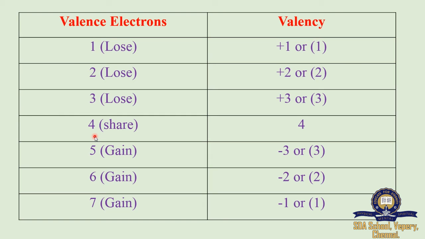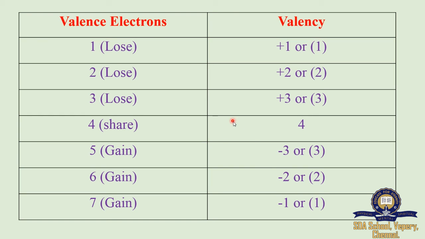For 4 valence electrons, it shares electrons, therefore you can write the valency as 4. For 5, it gains electrons, therefore the valency can be written as -3, or simply 3. Likewise for 6 and 7, -2 and -1 respectively.